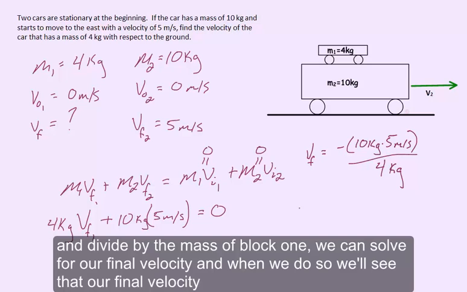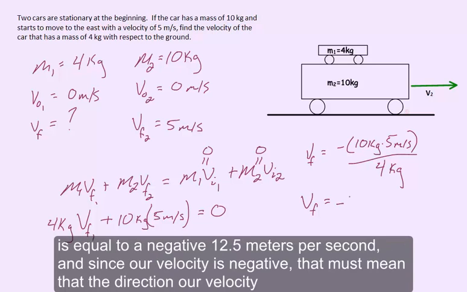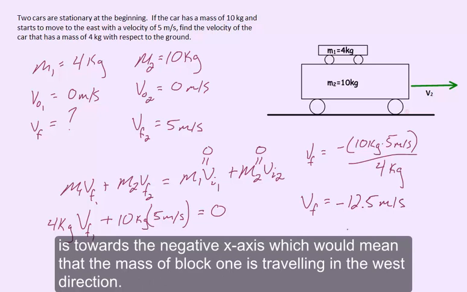We can solve for our final velocity, and when we do so, we'll see that our final velocity is equal to negative 12.5 meters per second. And since our velocity is negative, that must mean that the direction of our velocity is towards the negative x-axis, which would mean that block 1 is traveling in the west direction.